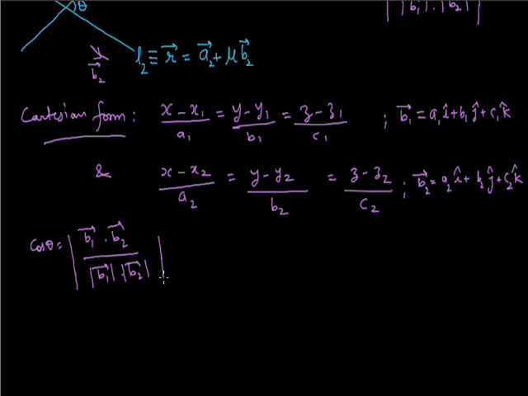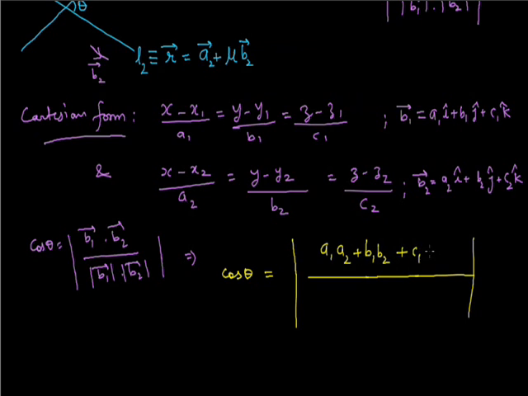So we'll substitute the values of b1 vector and b2 vector, and after simplification it becomes cos theta whole mod equals: in the numerator you will get a1 a2 plus b1 b2 plus c1 c2, and in the denominator you will get under root a1 square plus b1 square plus c1 square into under root a2 square plus b2 square plus c2 square.